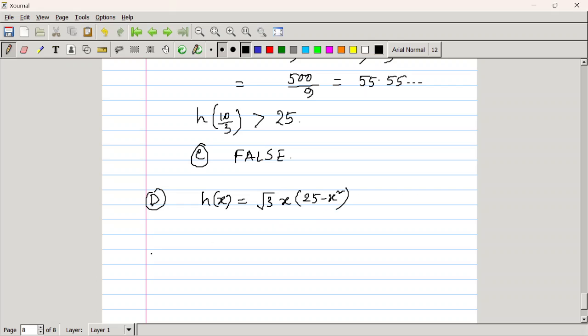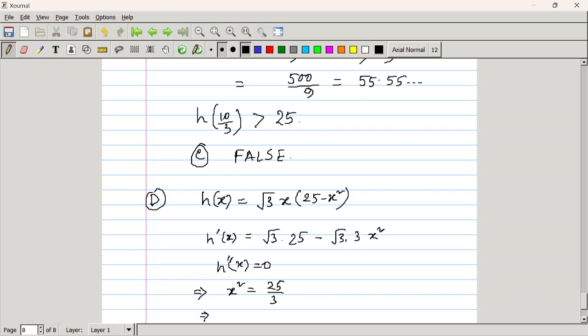So again I have to find the differentiation and put it equal to 0. So h dash x is root 3 into 25 minus root 3 into 3 into x square. So h dash x equal to 0 gives x square equal to 25 by 3. Okay, that is easy. Root 3 cancels out.